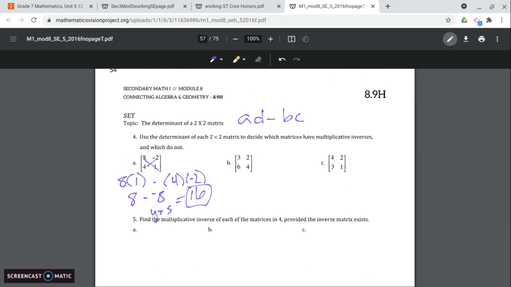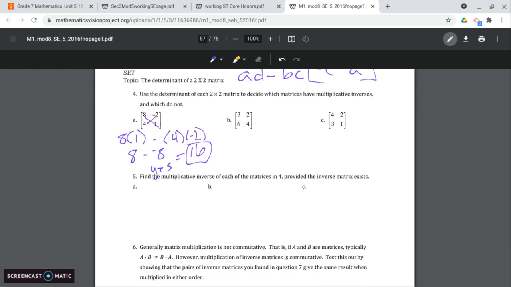Now, to find the inverse, we take 1 over the determinant times this matrix here. So we just switch our A and D terms, and then we make our B and C terms the opposite sign. So we have 1/16 times, switch our A and D, so we've got 1 and 8 now, and then our B and C switch signs.